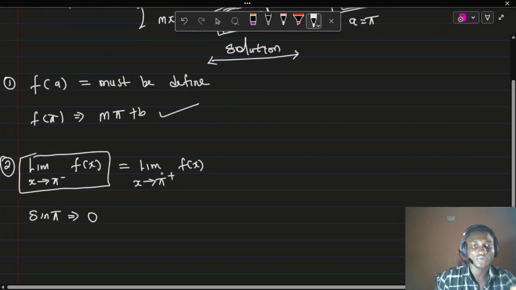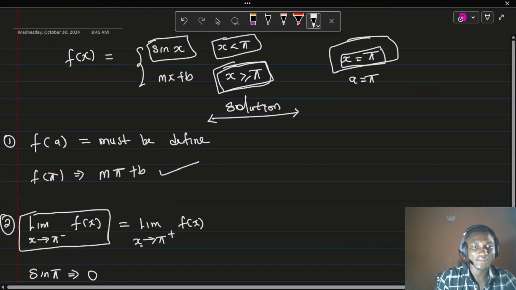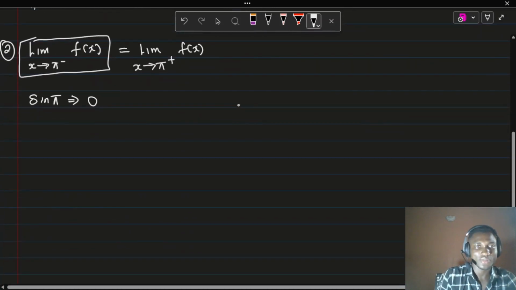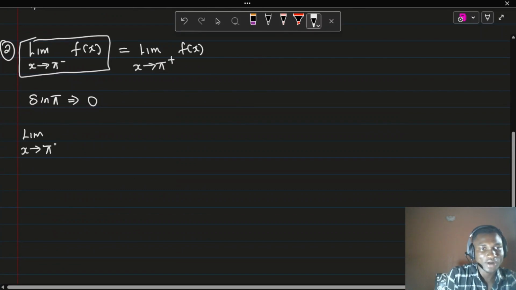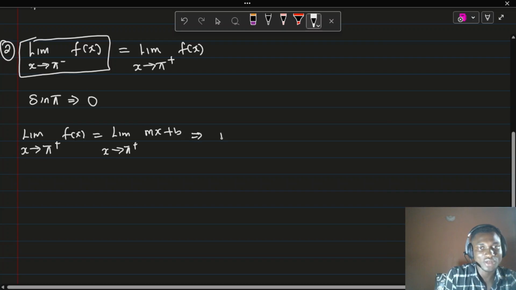Alright, now we want to find the limit as x approaches pi from the right side. This is the right side because this is the one that is talking about x greater than pi. So the limit as x approaches pi from the right hand side of f of x is equal to the limit as x approaches pi from the right hand side of mx plus b, and if you solve that, you're going to have m pi plus b.